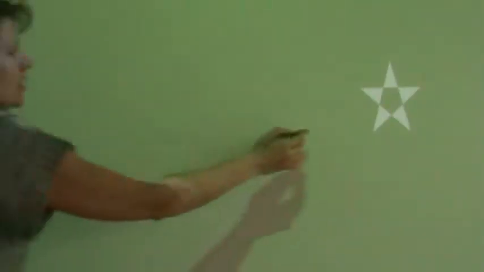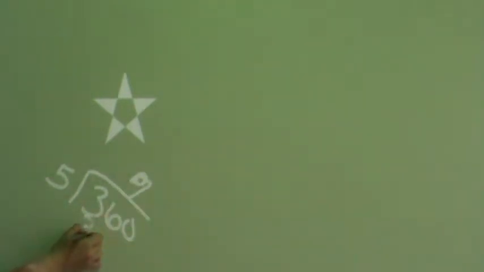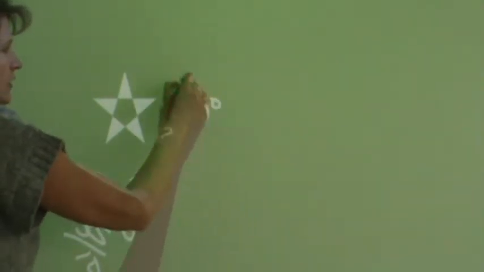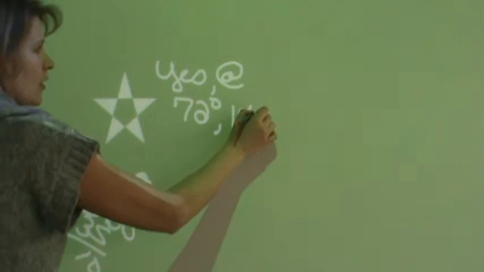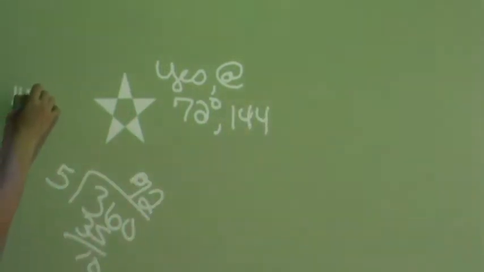Okay, so on this one, I would take 360, and this one would take 5 turns to go all the way around. So I'm going to divide by 5. 5 goes into 36 seven times, 7 times 5 is 35, and 10 would be 2, so 72 degrees, so we'd say yes at 72, 144, okay, then add another 72, right?